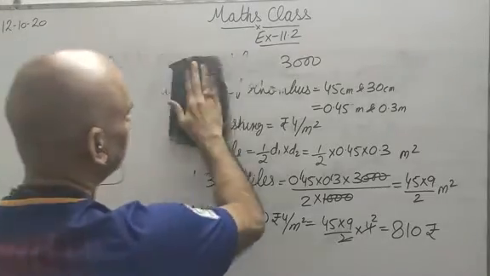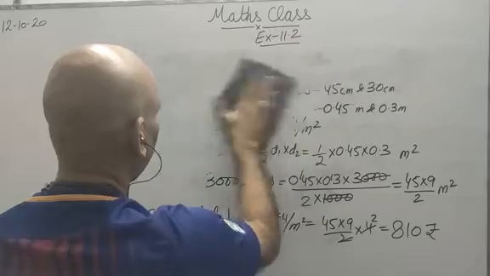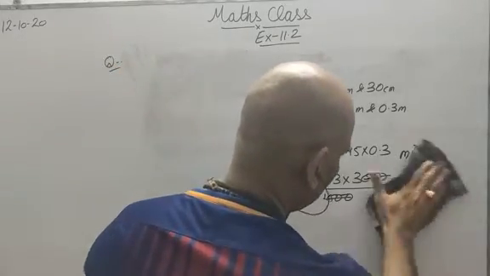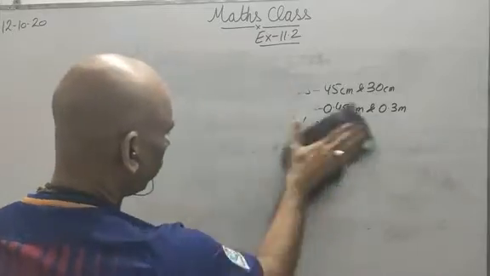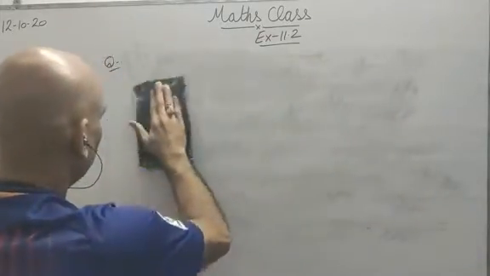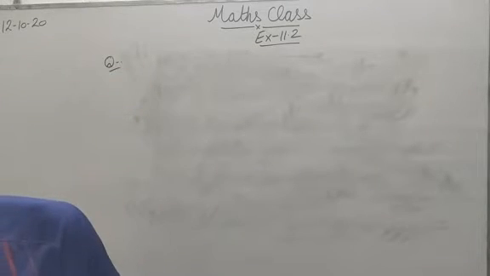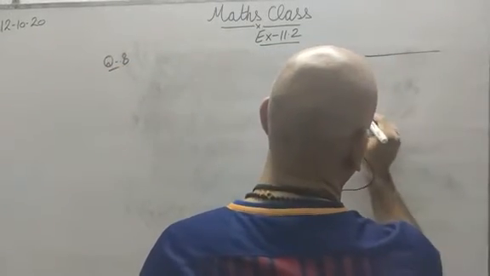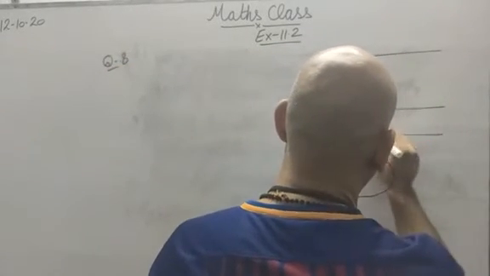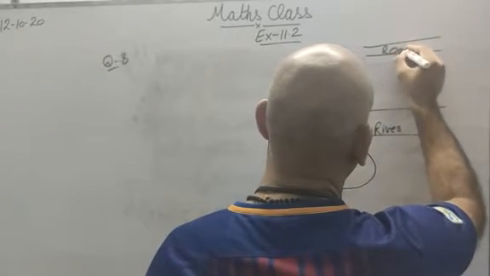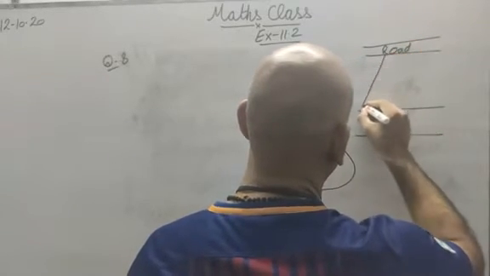This is a trapezium, and what is the area of a trapezium? Area of trapezium is half sum of parallel sides into height. Question number 8 we are doing. He is going to purchase a trapezium shaped field. This is the river side, this is the road side.